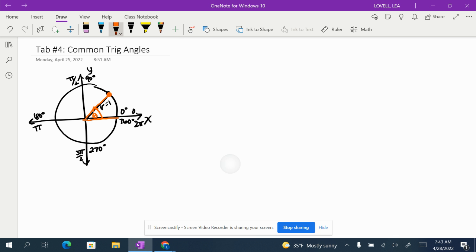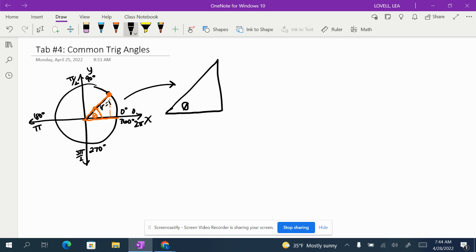If I drop an altitude down here, I see that this creates a triangle. Let me pop this triangle out over here so we can get a better look. This is the same triangle as over here, just blown up.